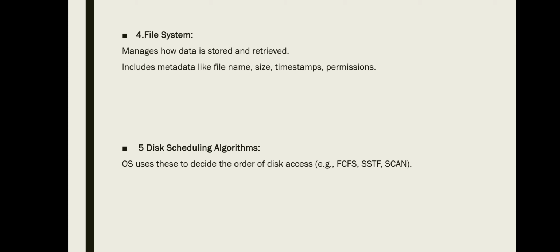A file system manages how data is stored and retrieved. It includes metadata like file name, size, timestamp, and permission. Permission in the file system gives access rights to the file, either read or write.